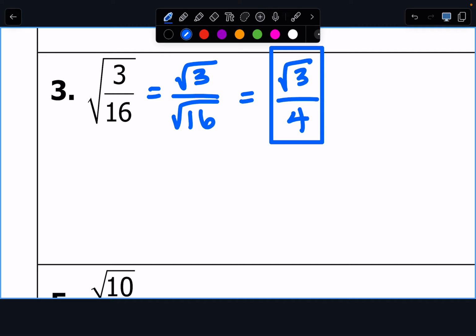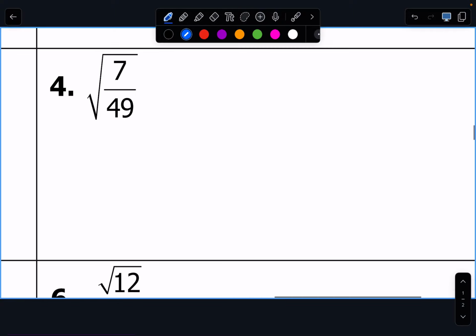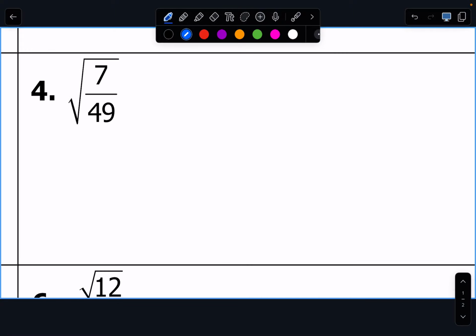Write down what you think the answer to number 4 is. I know for a fact that we have to put radicals on top of the fraction.